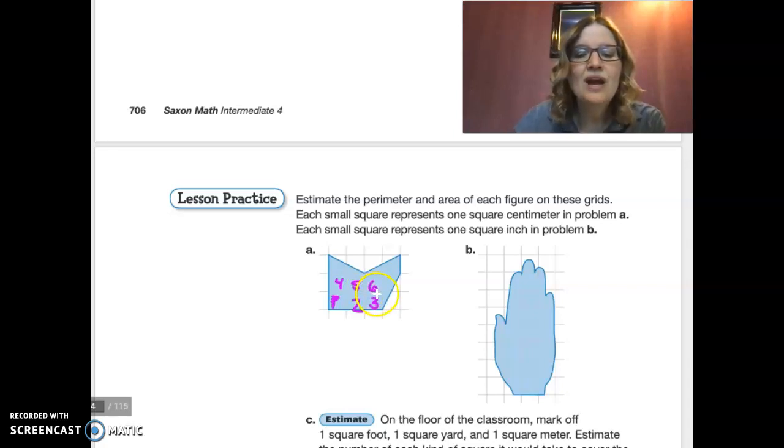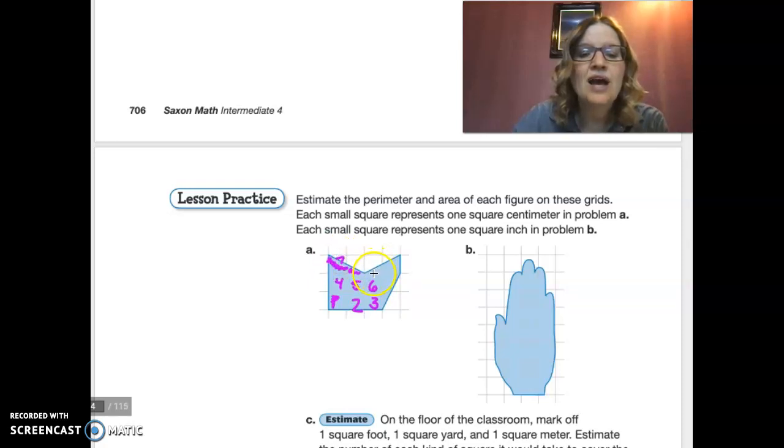And now we have a couple of different strategies that we can use. Let's see, we need to account for this guy, this guy, this guy, this guy, this guy. So I'm looking at this area and this area, and I'm going to put this as 7.